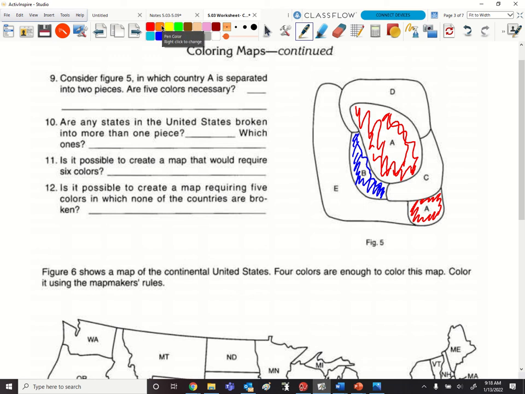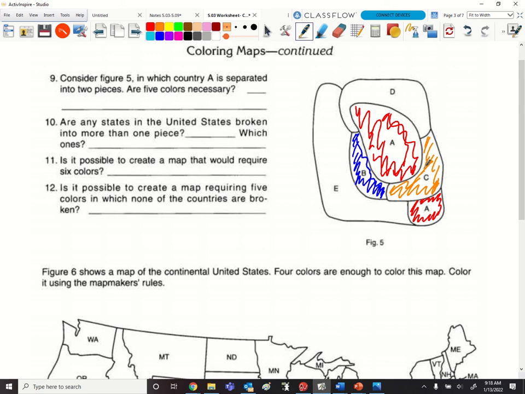So the next highest valence is probably going to be C here, right? Maybe? Okay. I'm just going alphabetical order because I think D has the same number. D is touching A, B, C, and E. Yeah, same. Can I put this orange anywhere else? No? Can't put orange anywhere else?